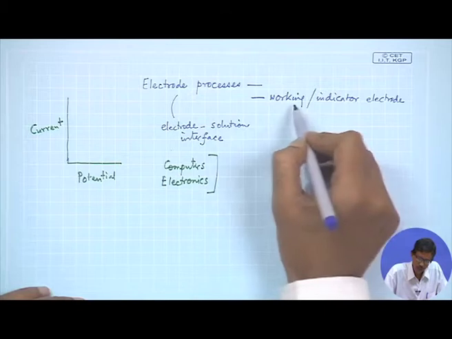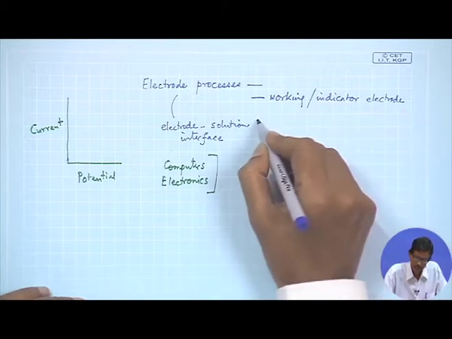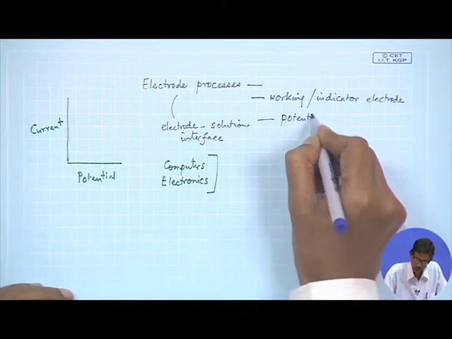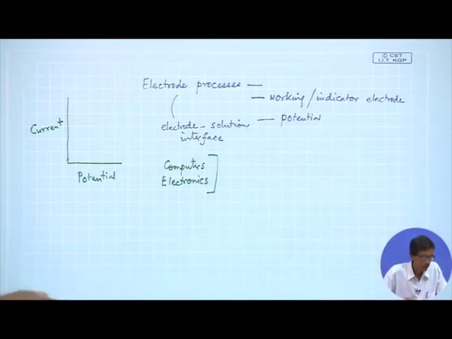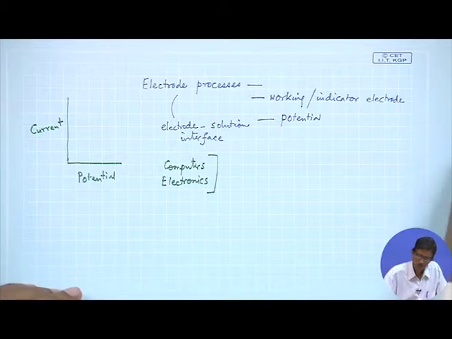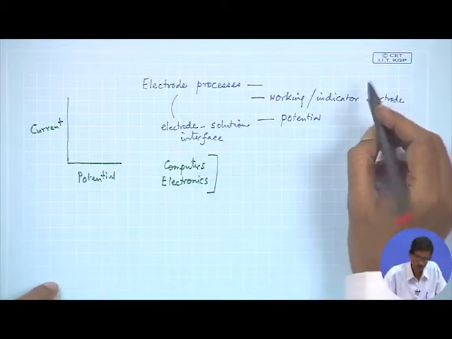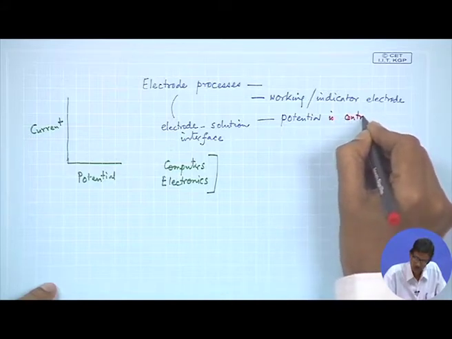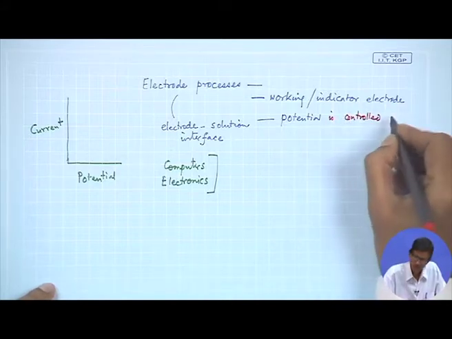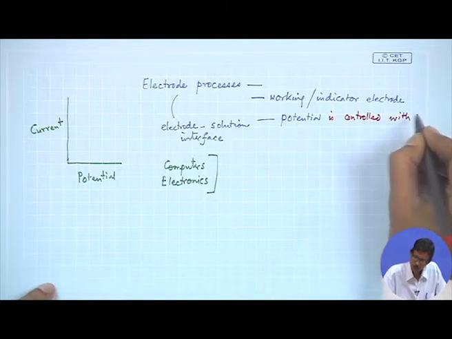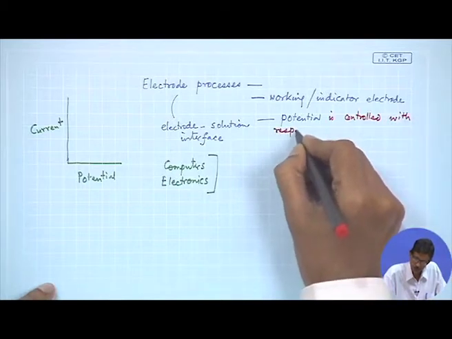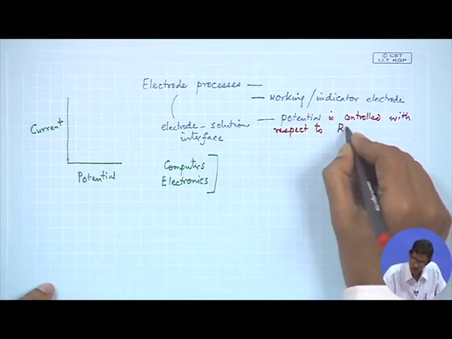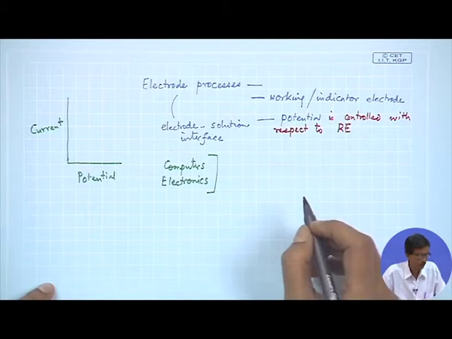So, what is the potential of the working or indicator electrode? What we basically measure is the potential of this working or indicator electrode, which is controlled with respect to the corresponding reference electrode.